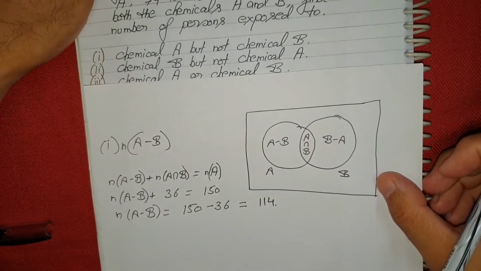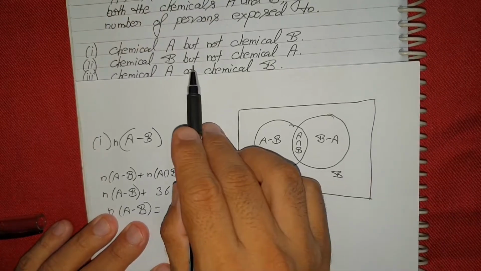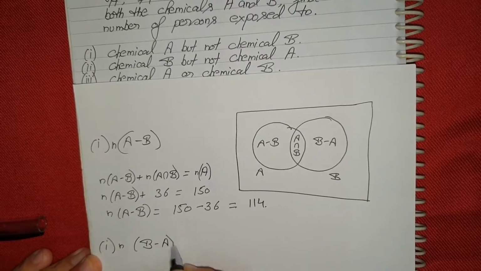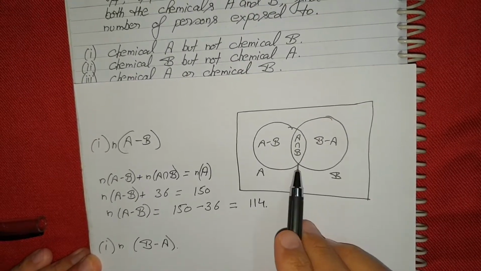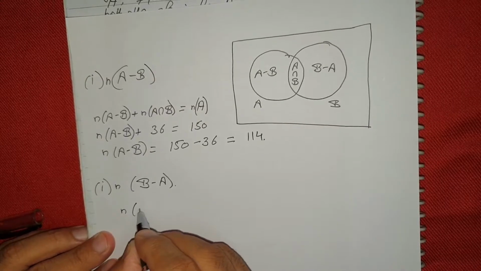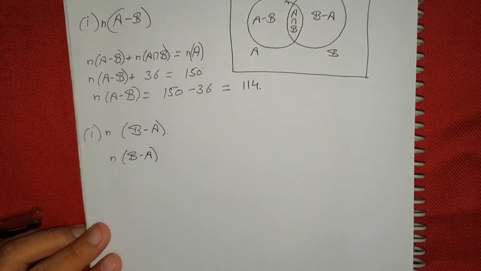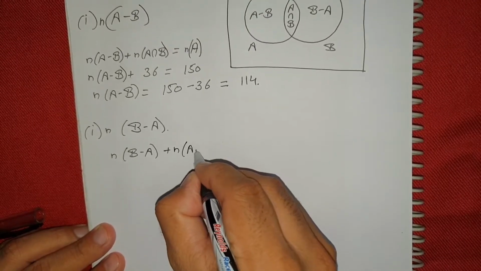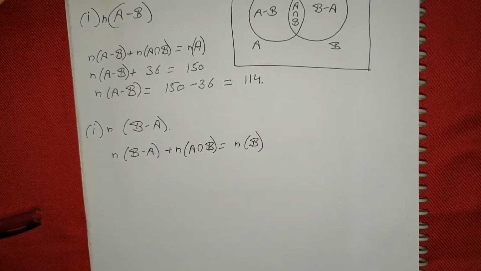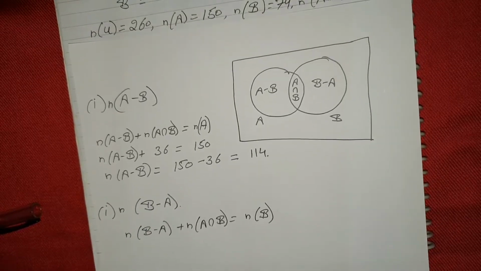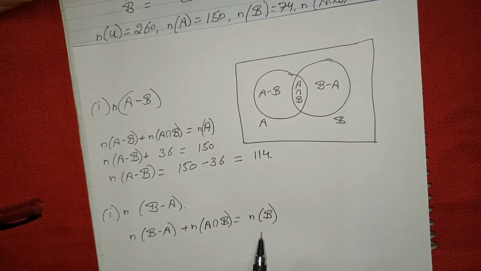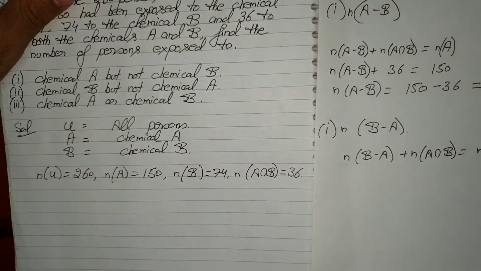Second part, chemical B but not chemical A. So this is basically N of B minus A. Again from the diagram, as you can see, N of B minus A plus N of A intersection B equals N of B. Now substituting the values, we have to find N of B minus A. N of A intersection B is 36 and N of B is 74.